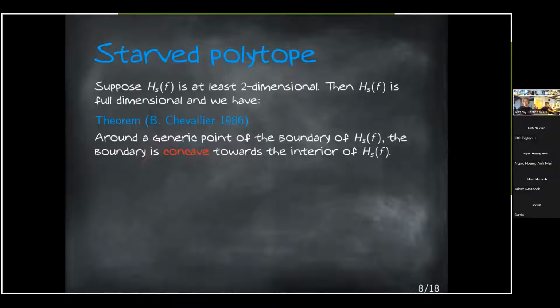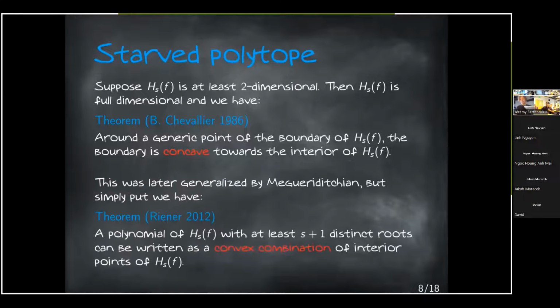This was generalized later by Megueritian, but in simpler language we can say that if you take a polynomial in the set which has at least s plus 1 distinct roots, then it can be written as a convex combination of interior points. So remember that the extremal points have at most s distinct roots. So these are just everything else.